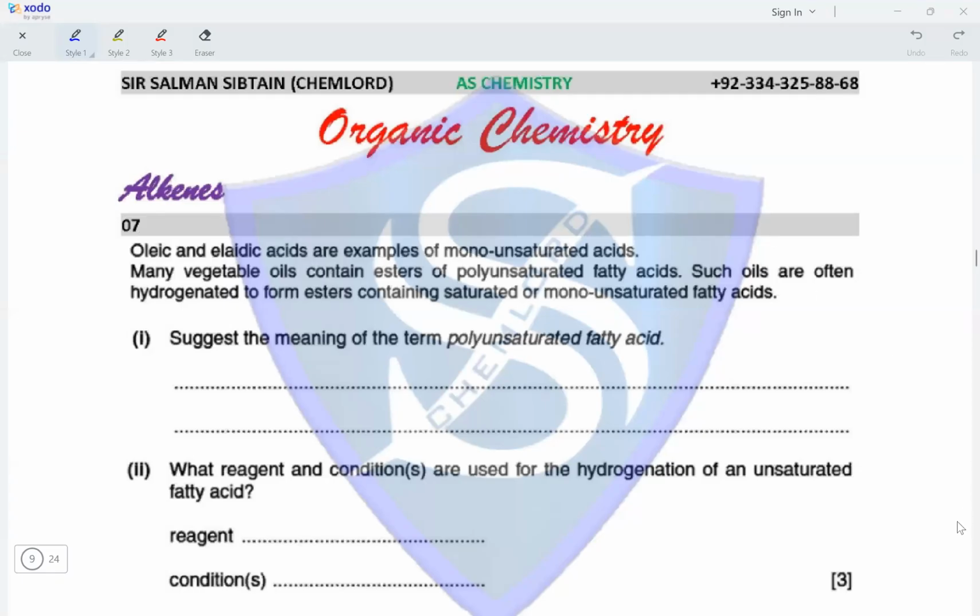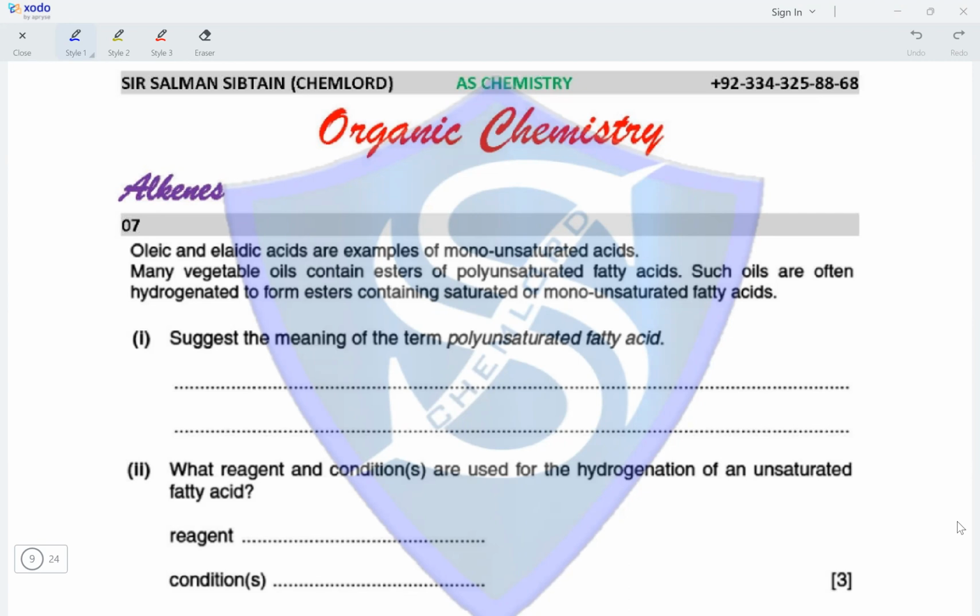Question 7. Oleic and elaidic acids are examples of monounsaturated acids. Many vegetable oils contain esters of polyunsaturated fatty acids. Such oils are often hydrogenated to form esters containing saturated or monounsaturated fatty acids. Suggest the meaning of the term polyunsaturated fatty acid. So, poly means multiple, unsaturated means presence of a double bond, double or triple, but mostly double.